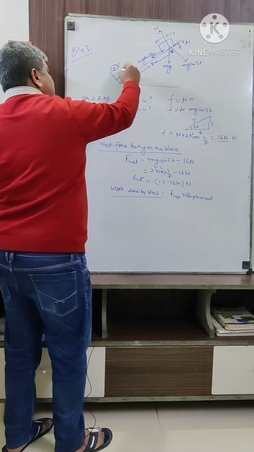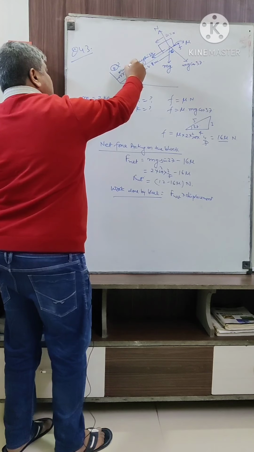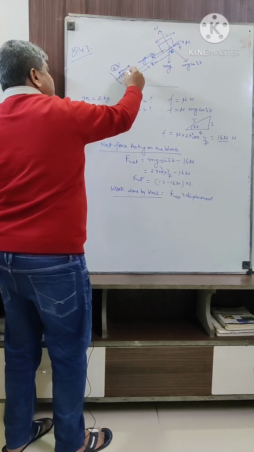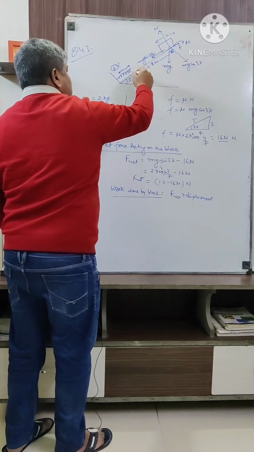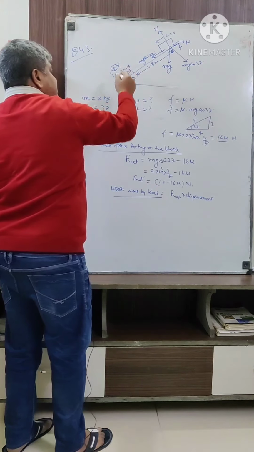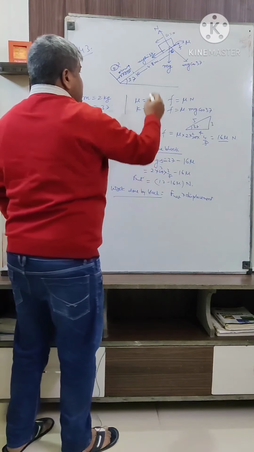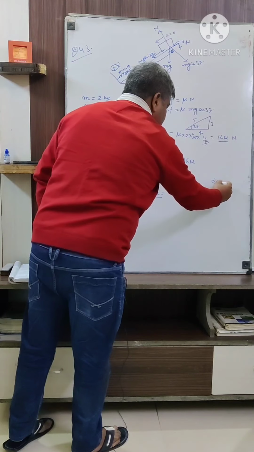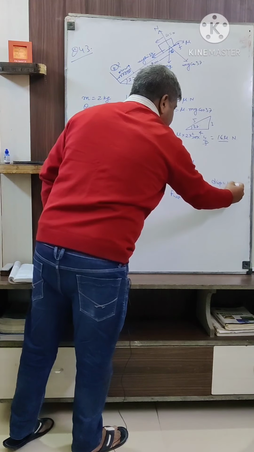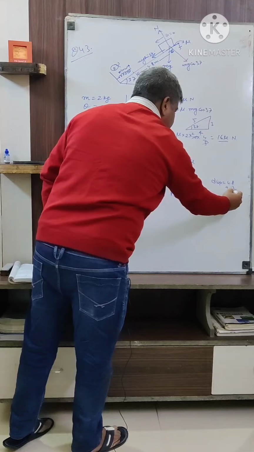We have to take care of it because the block has also travelled this 0.2 meters, or 20 centimeters. So the net displacement travelled by the block is 4.8 plus 0.2, so it is 5 meters.